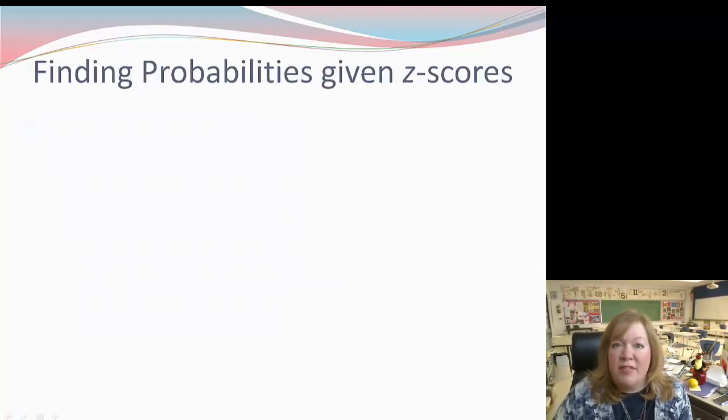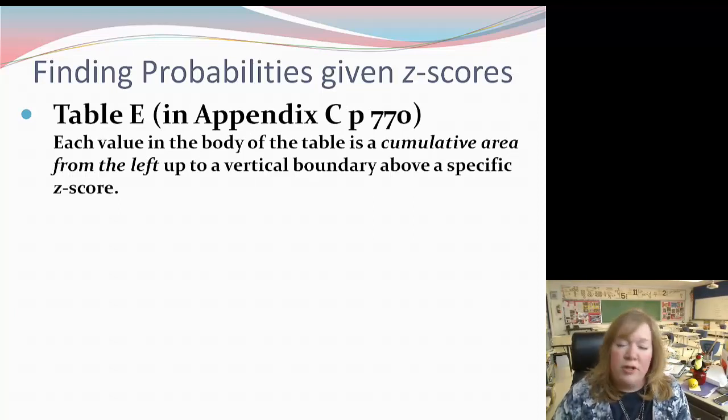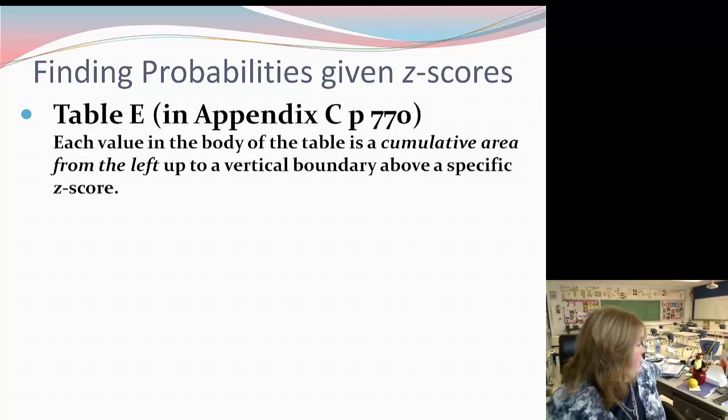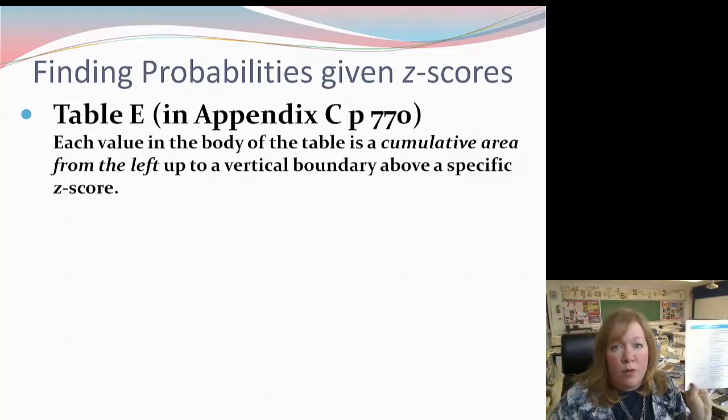Finding probabilities given z-scores. This is the main idea. This is what you want to be able to do with these. You've got Table E, an appendix of your book. It's on page 770. You may want to pause it and open your book there, because I'm going to be showing you how to use this table in just a second. You also have the table here. There's an important formula card that came with your book, and you might want to keep that handy.